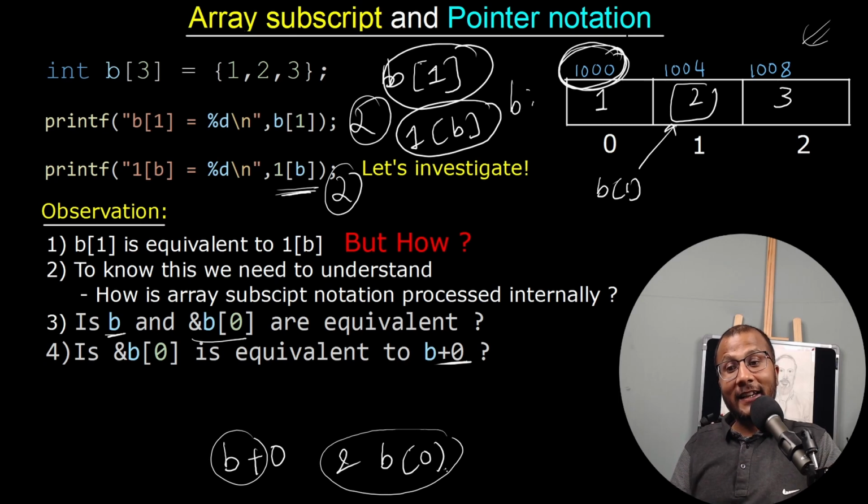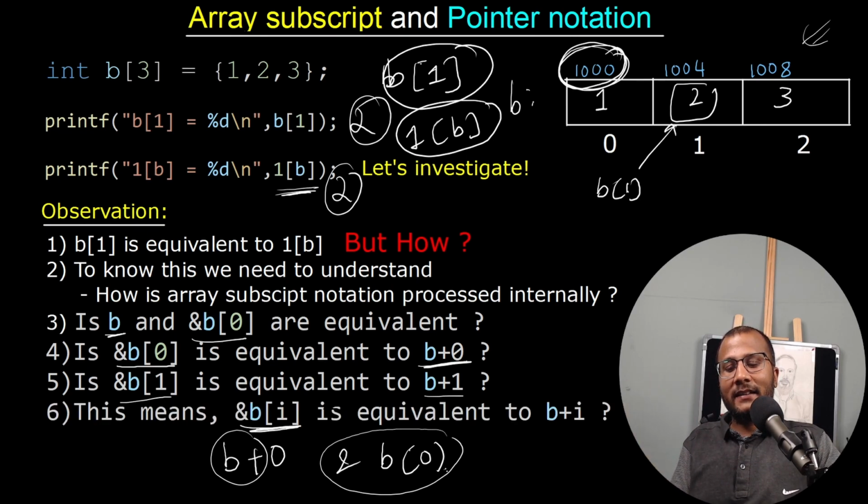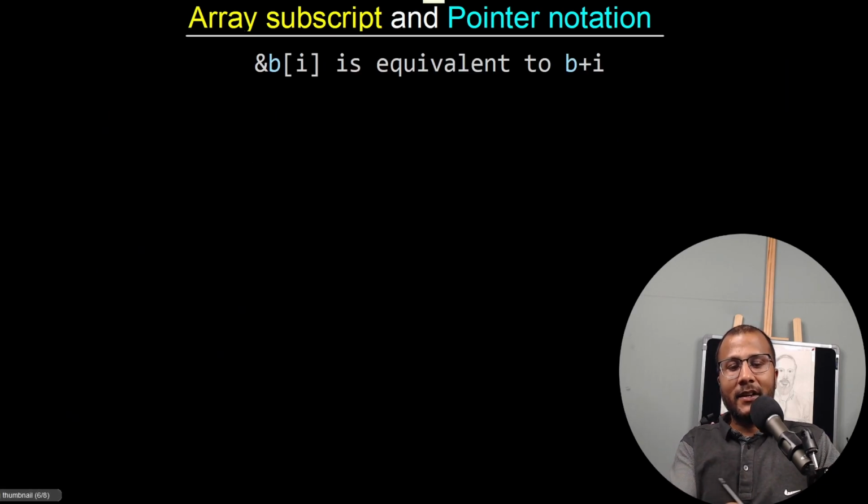So similarly, I can say that &b[1] is equivalent to b plus 1. Similarly, &b[2] is equal to b plus 2, and &b[i], i being any index, would be b plus i. Let's see how it works. Here I have told you that &b[i] is equivalent to b plus i.